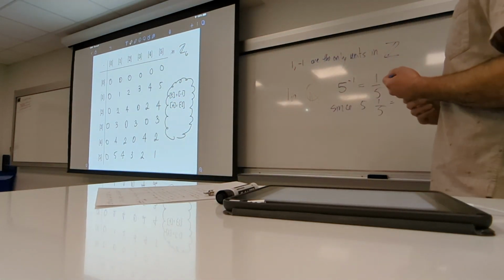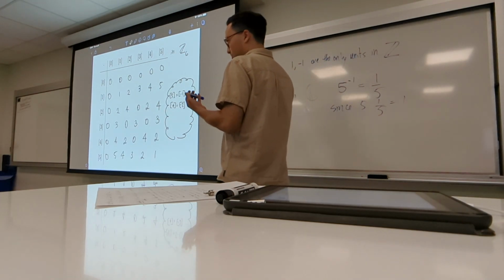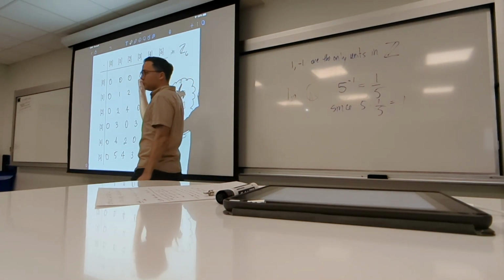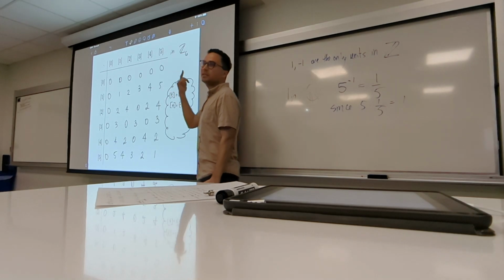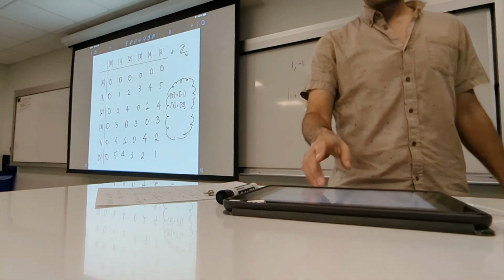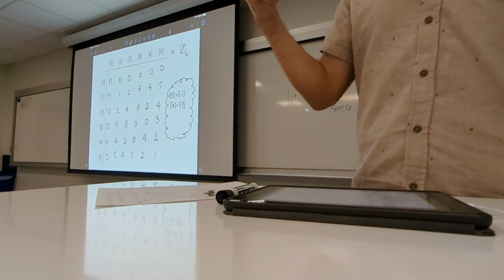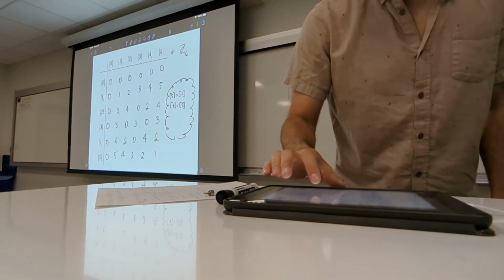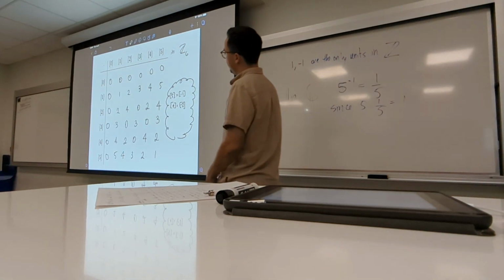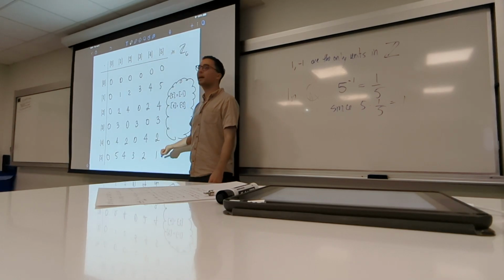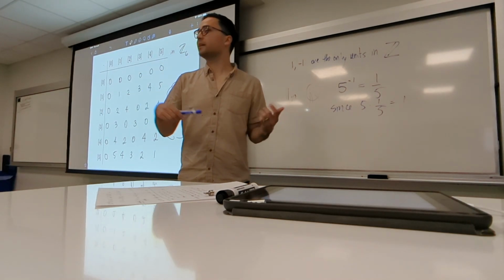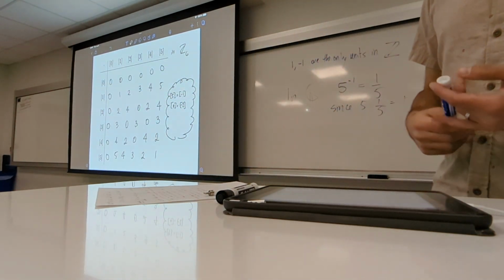Any other numbers that are units? 1. And 1, just like we're used to for regular numbers, is its own inverse. You might notice we said -1 is 5, so makes sense, -1 should probably be a unit as well.